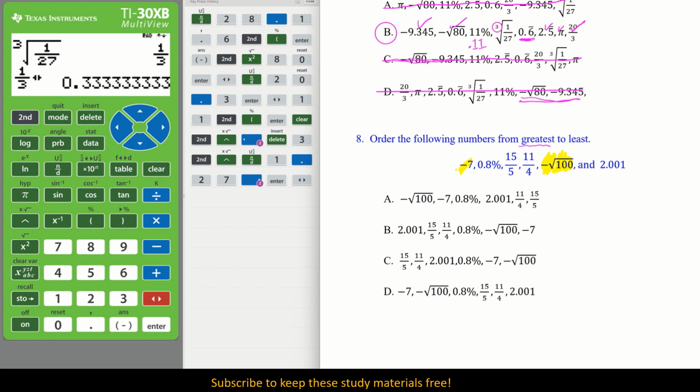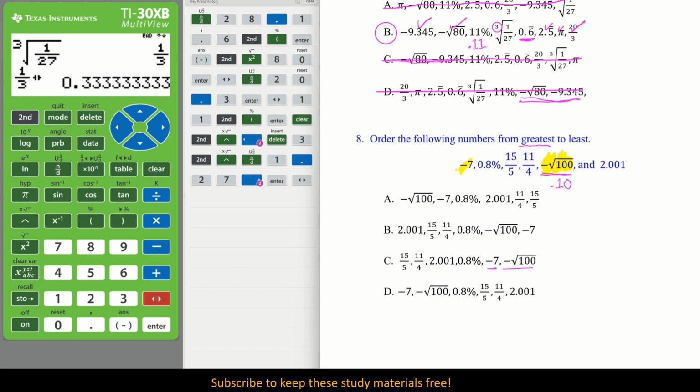Well, this is, of course, -7, but this is -10 because the square root of 100 is 10. So this would be -10, which is actually, we're going from greatest to least, so that should be last. And -7 is in front of it. So I like C, but we need to see who's greatest.